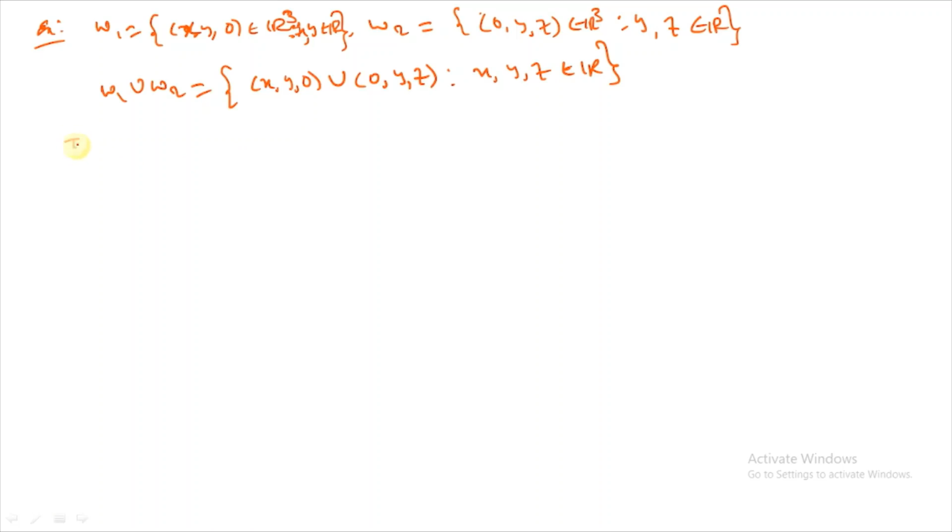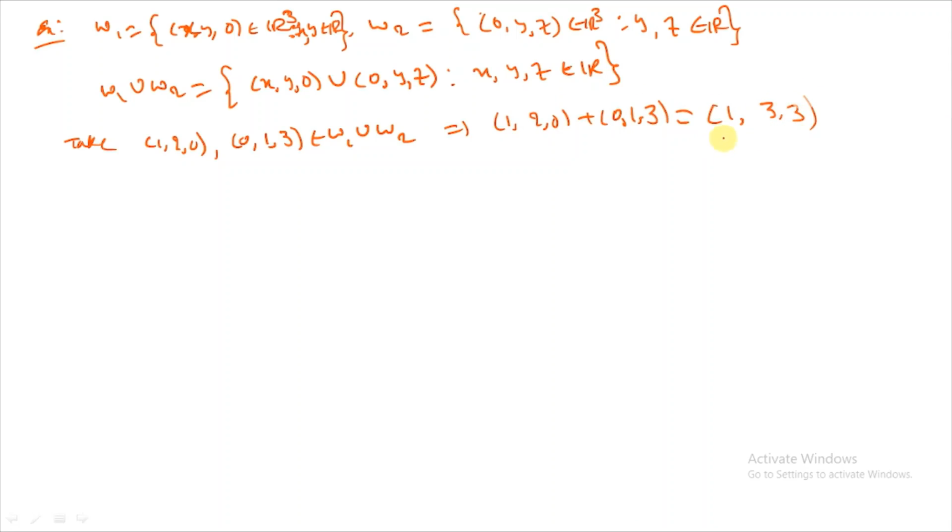Okay, this is the set. Suppose we take (1, 2, 0) and (0, 1, 3). Both belong to W1 union W2. If it's a subspace, it must satisfy vector addition. Now what about vector addition? (1, 2, 0) plus (0, 1, 3) is equal to (1, 3, 3).